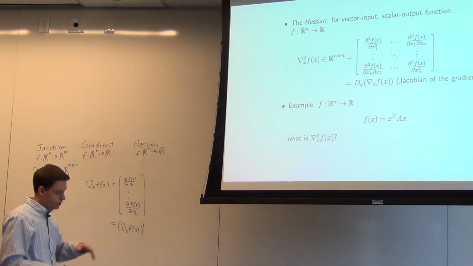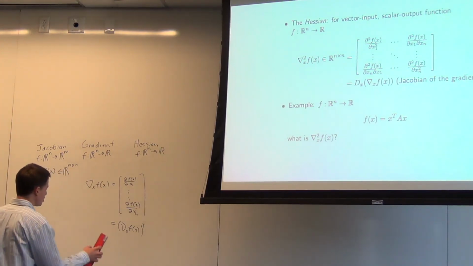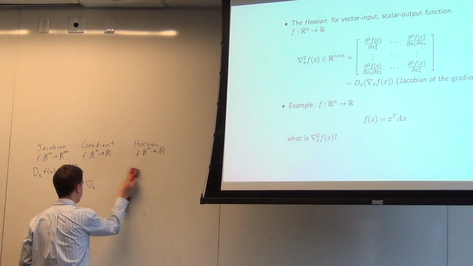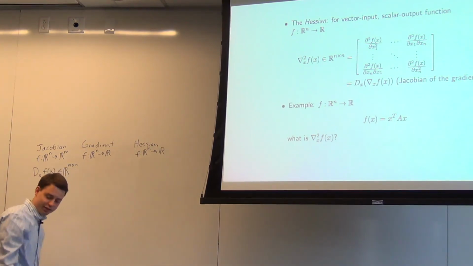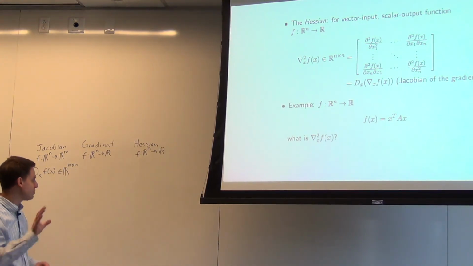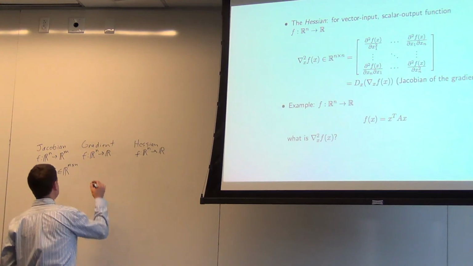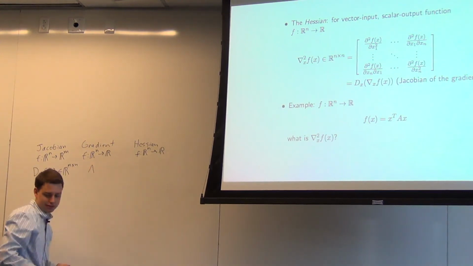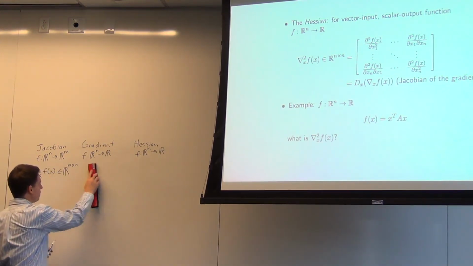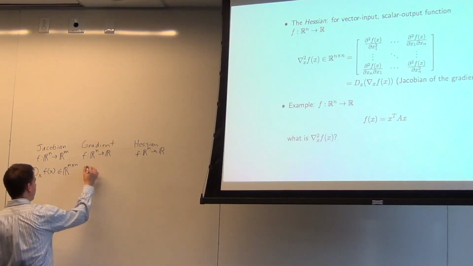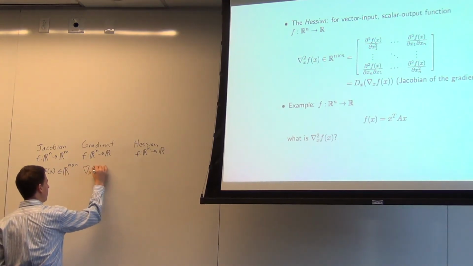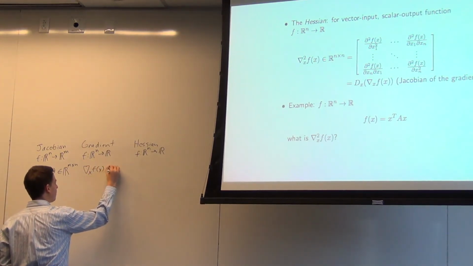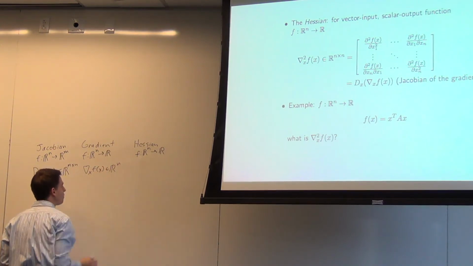So now the function takes vectors as inputs and outputs a scalar value. And I'll just keep writing here, upside down. So the gradient, in this case, x is a vector in Rn.